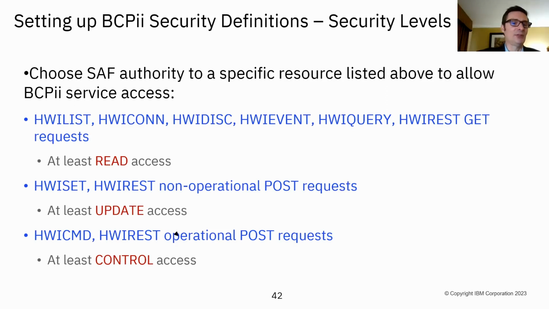Update authority allows them to do non-operational post requests, and for HWI command or HWI rest operational post requests, I need to have control authority, the highest level of authority. So I may wish to be able to change processor weights, but I don't want them to be able to re-IPL. So I can set them to have update authority instead of control authority for a particular user ID.